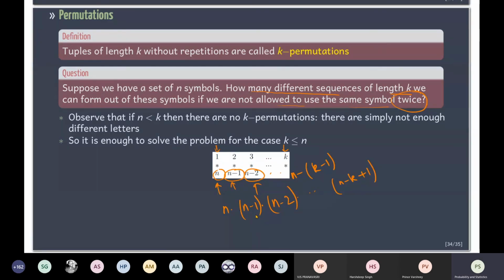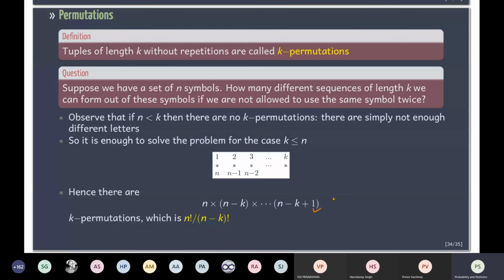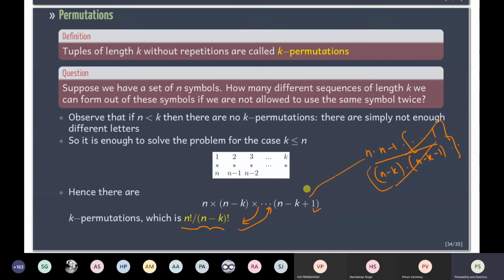It can also be written as n factorial divided by n minus k factorial, which is the same thing, because if you compute it out, the terms n minus k and below cancel from the numerator, and you get back the product.